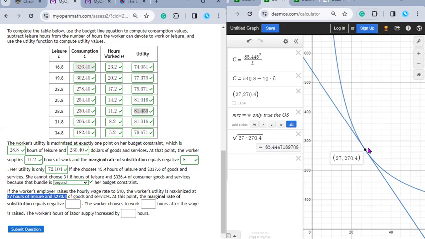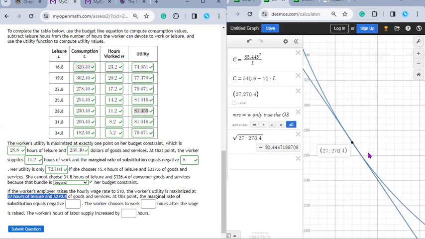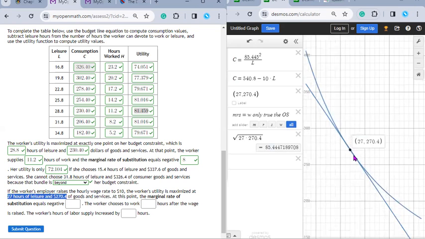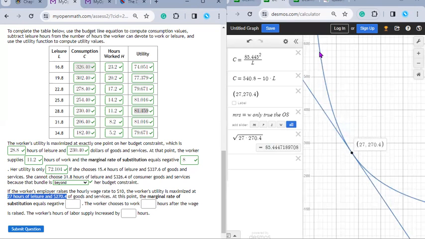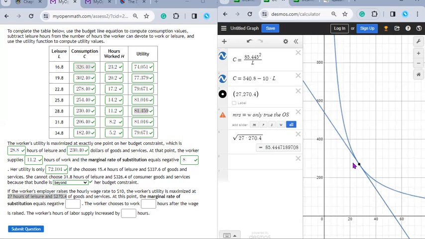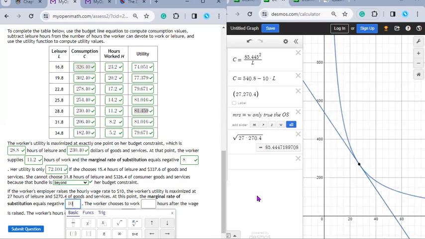So at this point, if I zoom this in, remember when I zoom in, the curve starts looking like a line and has the same exact slope as the budget line, right? So although this indifference curve has non-constant slope, when I zoom in on this little area here, the curve looks like a line, and that line is parallel to the budget line. So at this point here, the slope of the indifference curve is equal to the slope of the new budget line, which is negative $10.